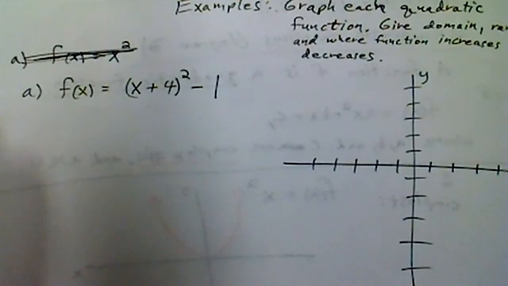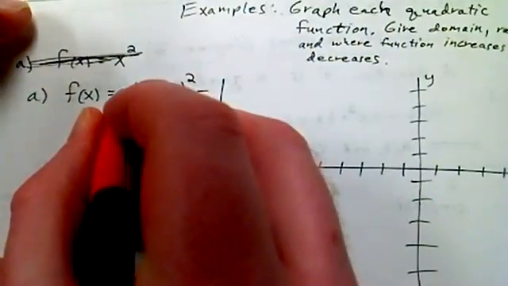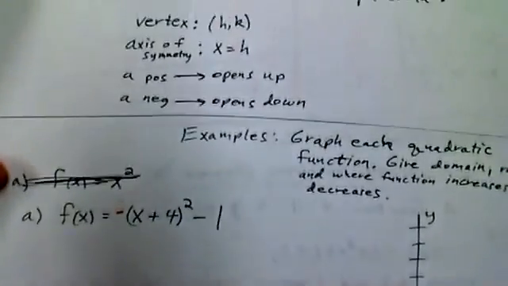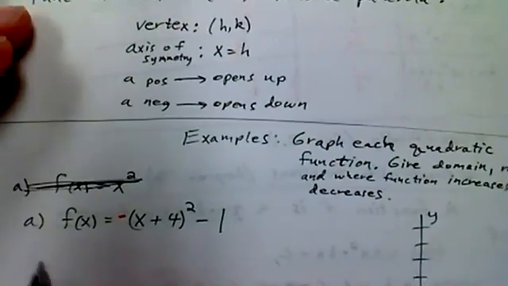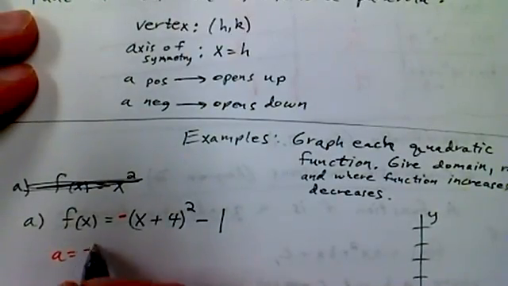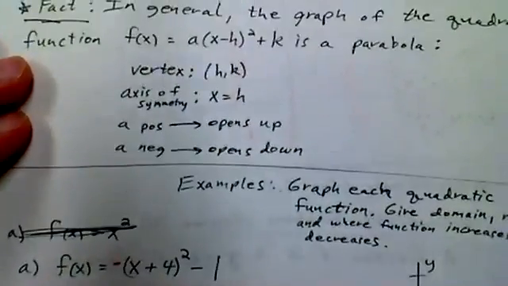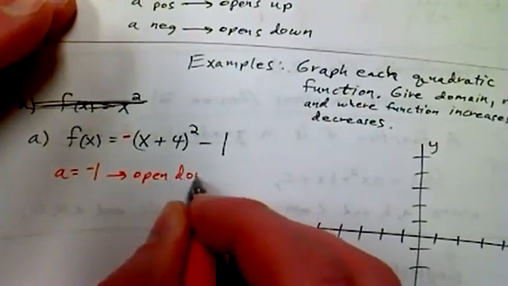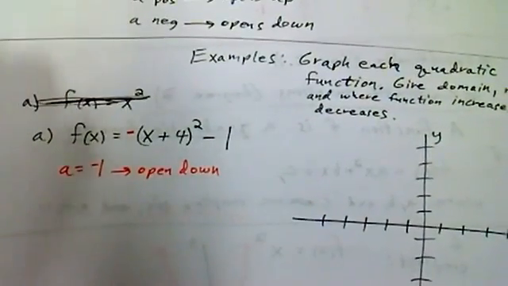So if we're looking at this, actually, I'm going to tweak it a little bit. I'm going to throw a negative out front here. So here's what I want you to notice when we compare it to this form up here. Notice that the value of a is -1. What that tells me is this is going to open down, okay?